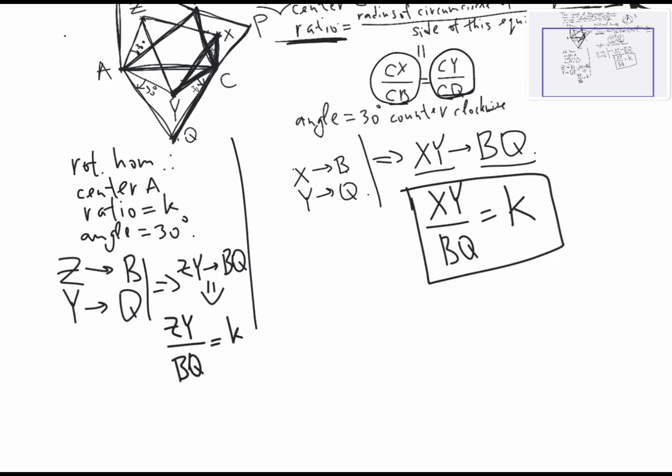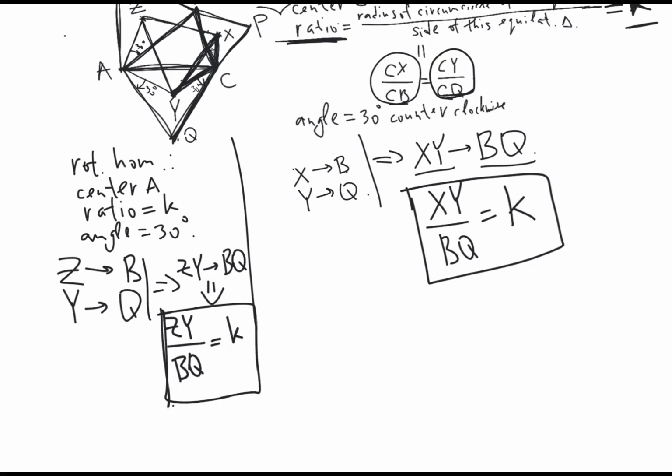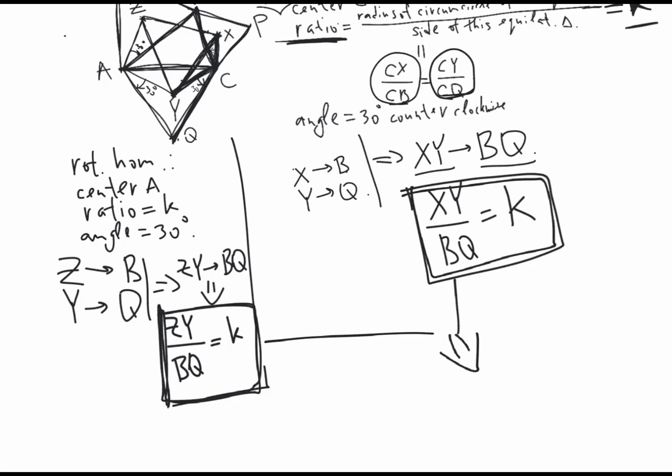So now we compare this and this. When we compare these two results, we notice that we have two ratios that are equal to K, and in the denominator there is the same length BQ. So it follows that the numerator must also be the same length.